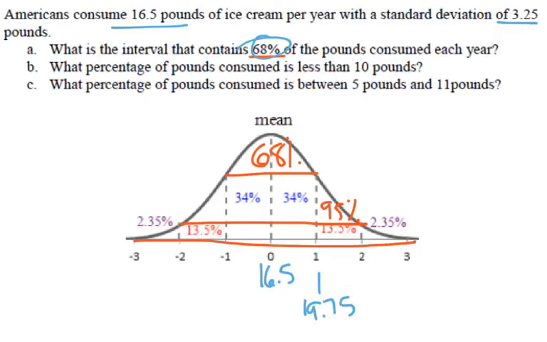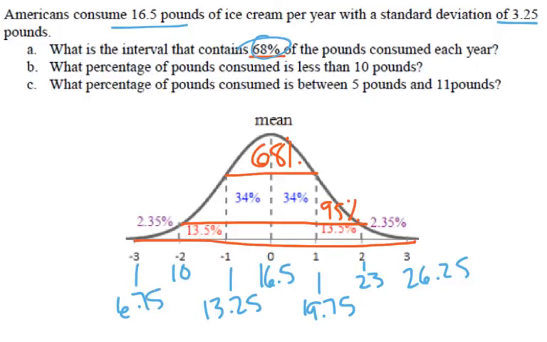Add it again to get our second standard deviation 23, add it again, and that gives us 26.25 for our 3 standard deviations. Now, if we take it and subtract 3.25, we get our other standard deviations to the left. 13.25, 10, and 6.75.